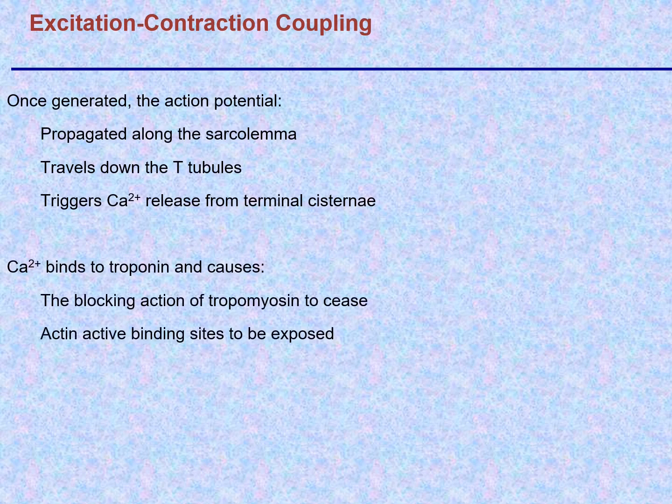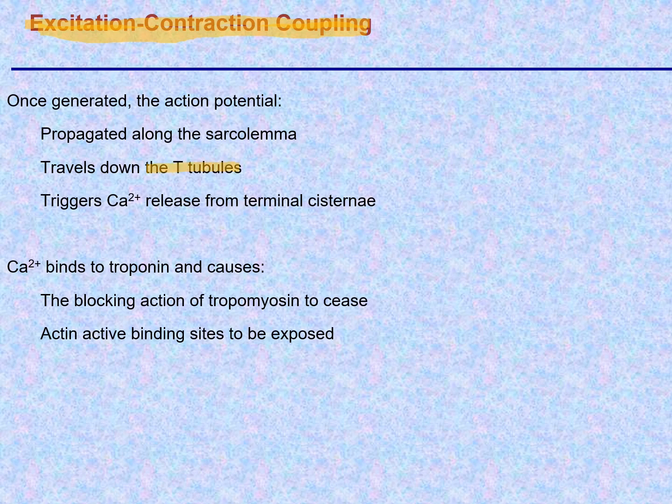Now the idea here, however, is it gets more complicated because there is this excitation-contraction coupling event that has to occur. It's not just enough that the action potential spreads along the surface of the sarcolemma of the skeletal muscle fiber, moving away from the neuromuscular junction motor end plate, right? That action potential spreads, and not only spreads along the sarcolemma, but then it dives down the T-tubules.